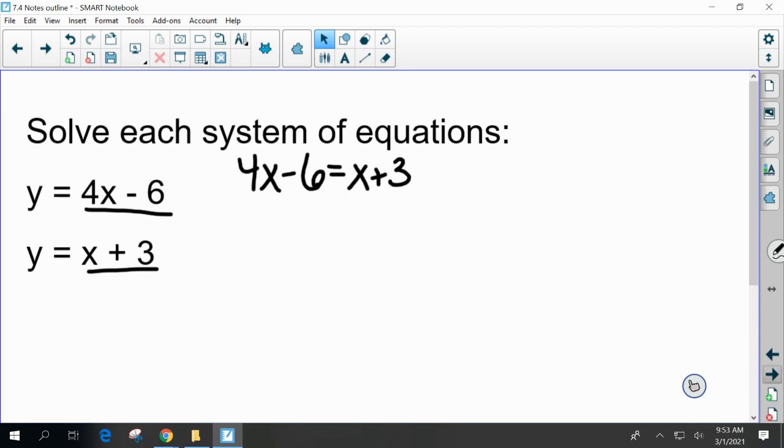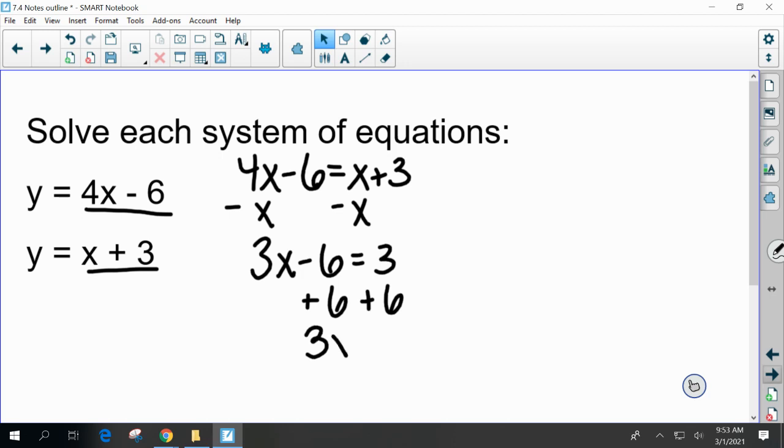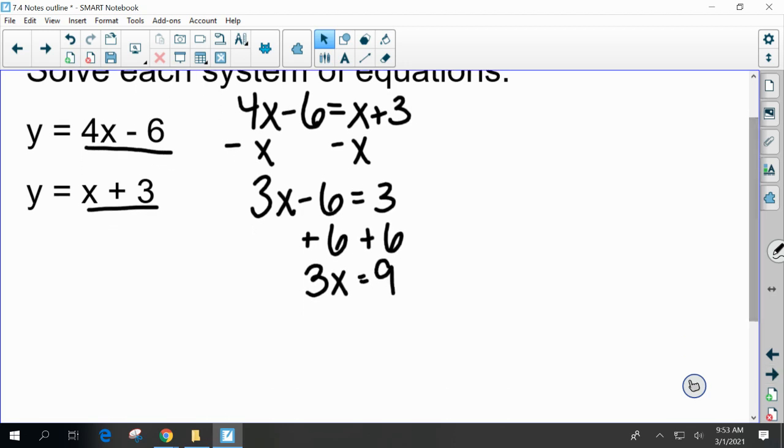So if I subtract x from each side, I have 3x minus 6 equals 3. And then add 6. So 3x equals 9, and then divide by 3. This is 3.